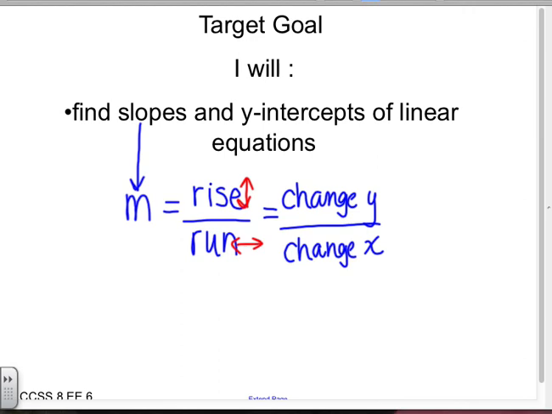Okay? Then we're going to be introduced to this other idea of something that's called a y-intercept. Real quick, before I get into too much detail, let me just show you what a y-intercept is.